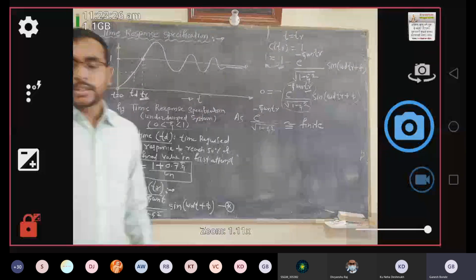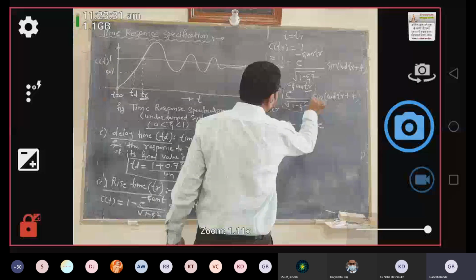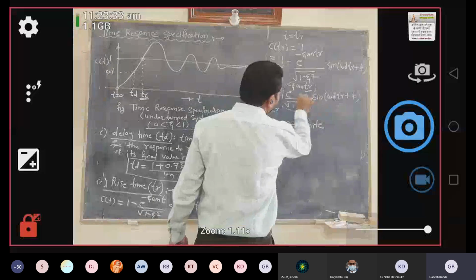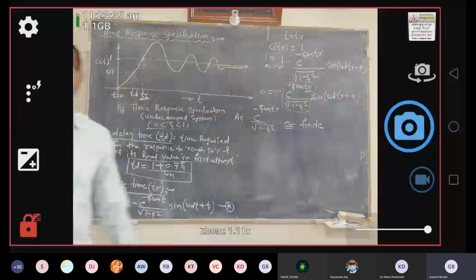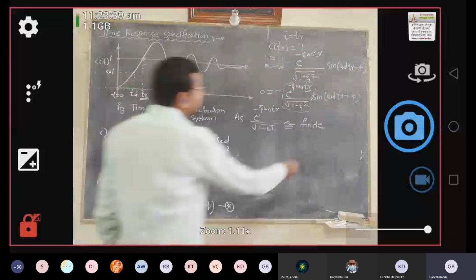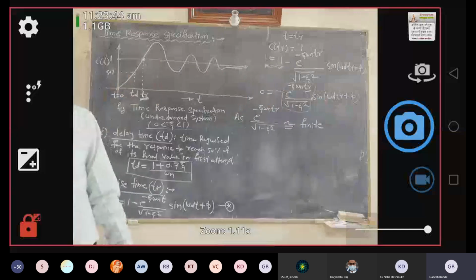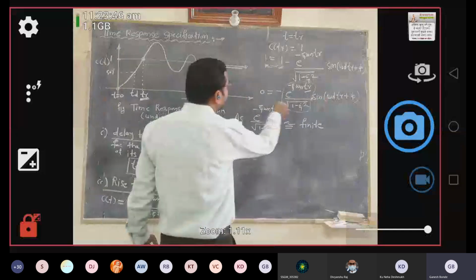Then what is your second term? Because both the terms are multiplied with each other, this exponential term multiplied by this sine term. Therefore the second term we are going to consider, sine of omega d TR plus phi, and we have to equate this term to 0.